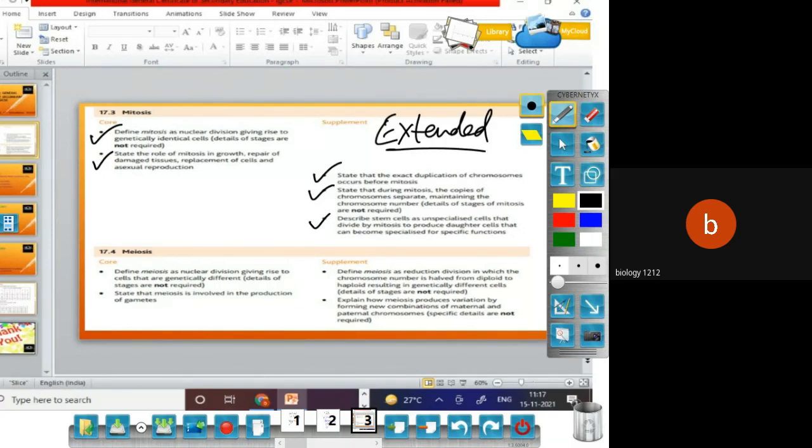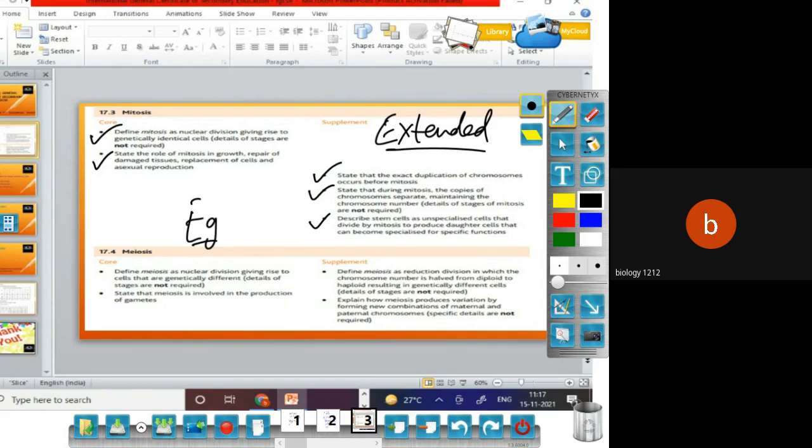So for mitosis, core students need only the definition and the role, whereas extended students need how the duplication of chromosomes takes place during mitosis, how the copying of the chromosome happens, and about the stem cells, which core students do not have. Let's check another example, about meiosis. Core students should understand only meiosis and the stages that are involved.